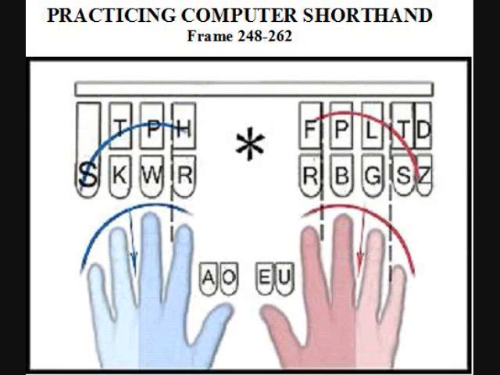Frame 249, shall when it comes second in the phrase. I shall. You shall. He shall. She shall. It shall.